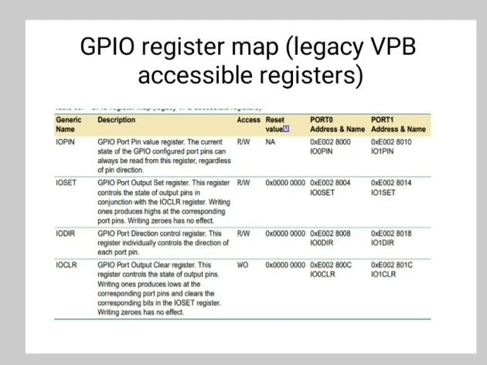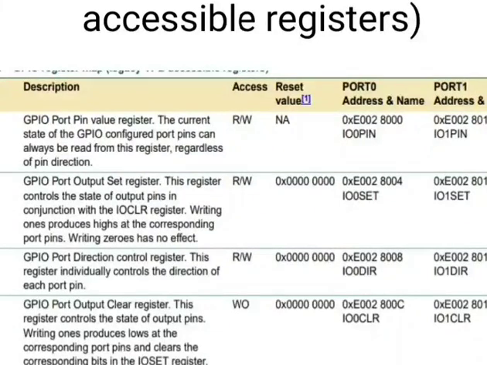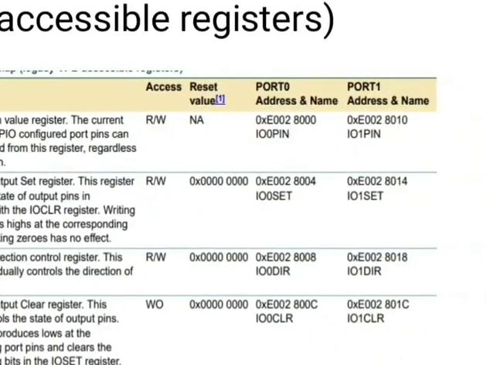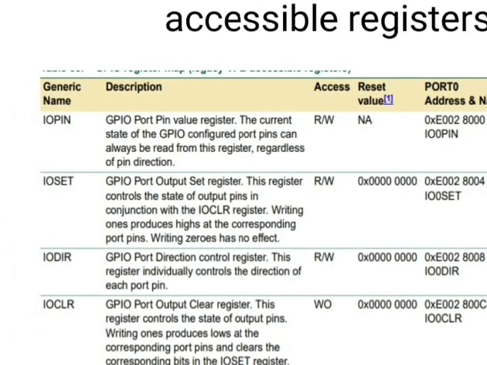Writing 1 produces a high at the corresponding port pin. Writing 0 has no effect. This is also read write. Port 0 address and port 1 address and name are given here. Next is IODIR, the GPIO port direction control register.